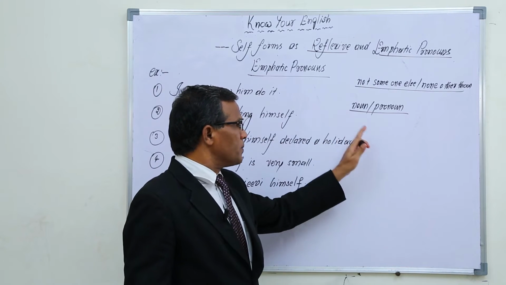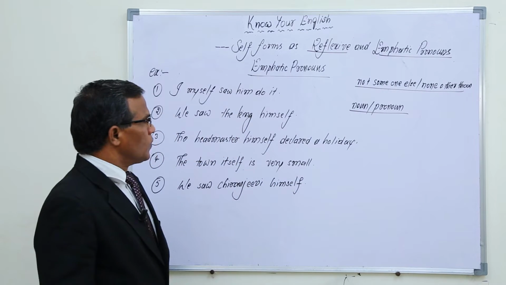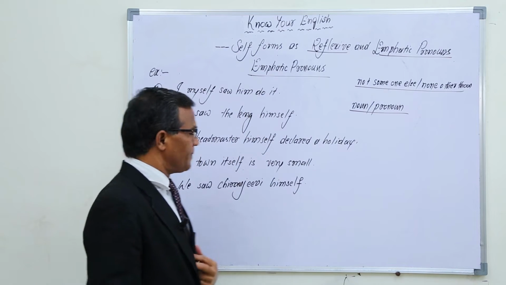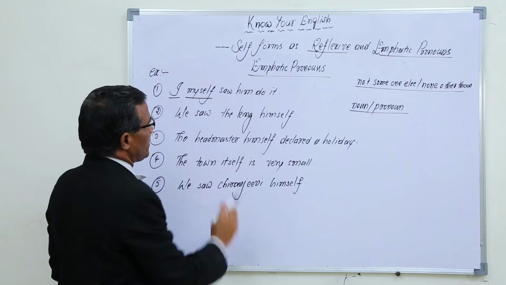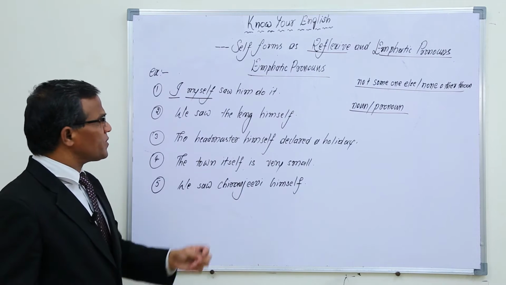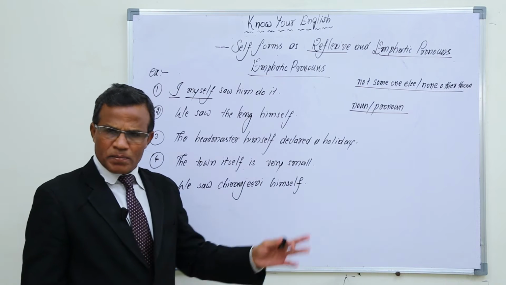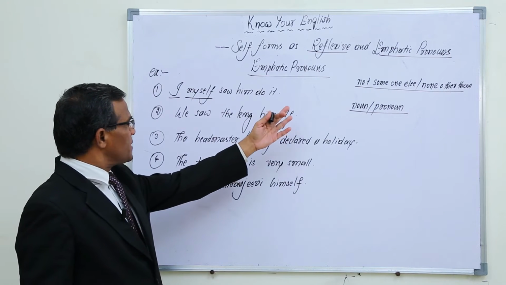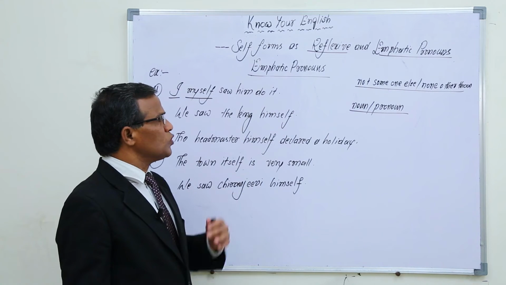In the sense of not someone else, or none other than, you see here: I myself saw him do it means not any other person. I myself, not any other person, saw him do it.